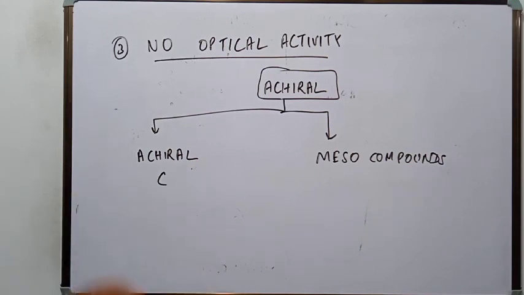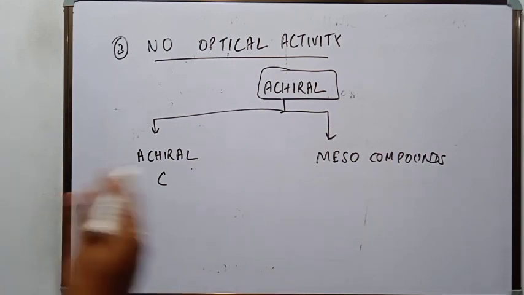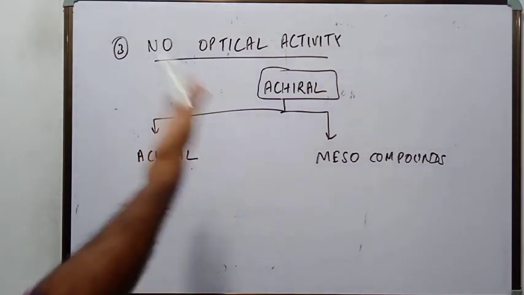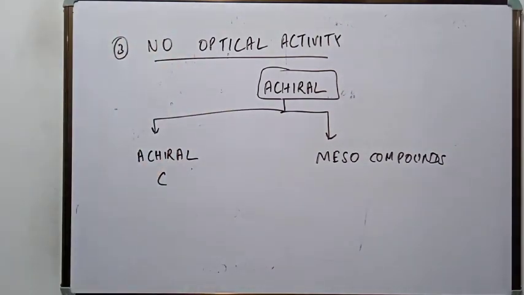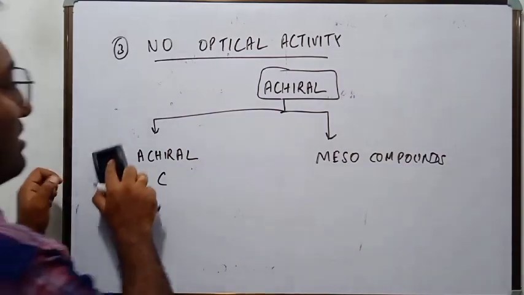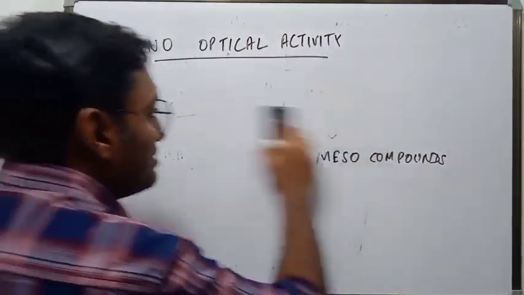They form superimposable mirror images because they are symmetric in nature, or overall symmetric, as in the case of meso compounds. So these are the four main important things.